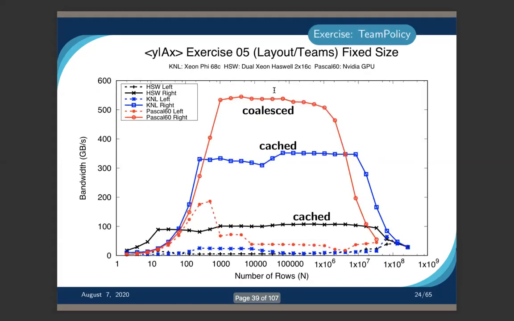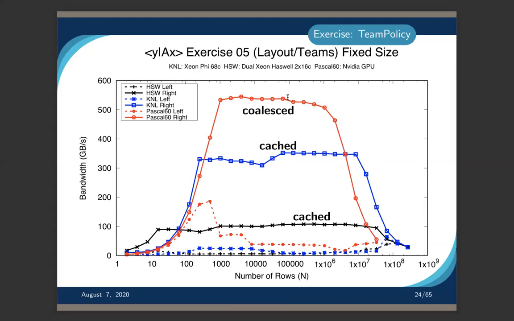Now, if you do this exercise, you will find something very, very different. First of all, on the GPU, you now suddenly also need layout right. Layout left is bad.